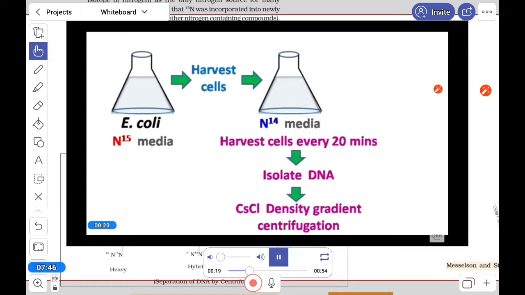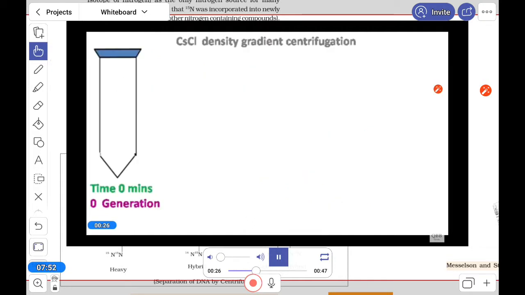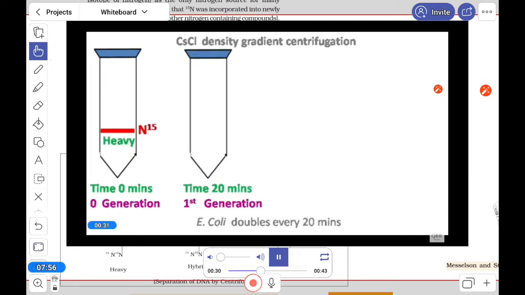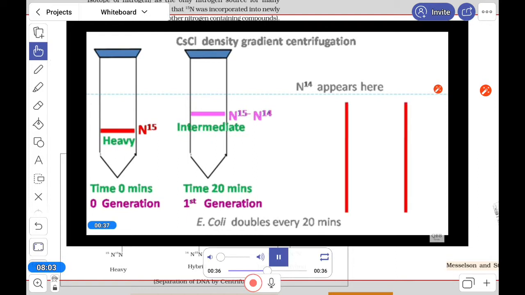Let's take a look at the next part. See that first we get the heavy nitrogen layer. Then after 20 minutes we get a layer above, which is intermediate. It is not heavy.